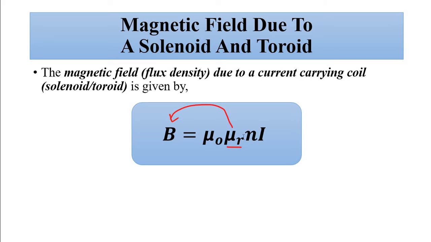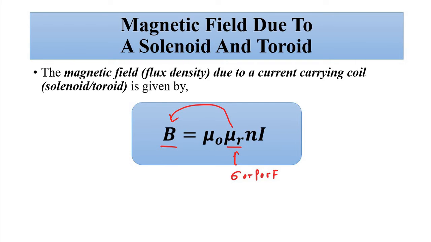Current is kept constant, number of turns is constant, and mu 0 is constant. So the only interrelated quantities are the relative permeability, which depends on the applied stress, pressure or force, the physical parameter, and the magnetic flux density.